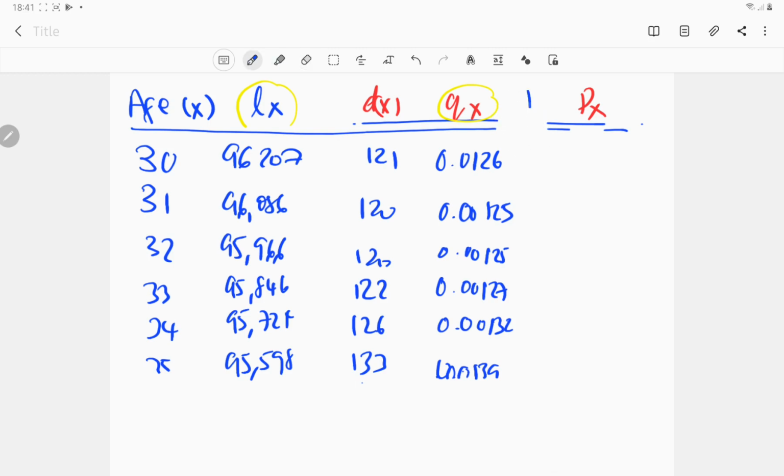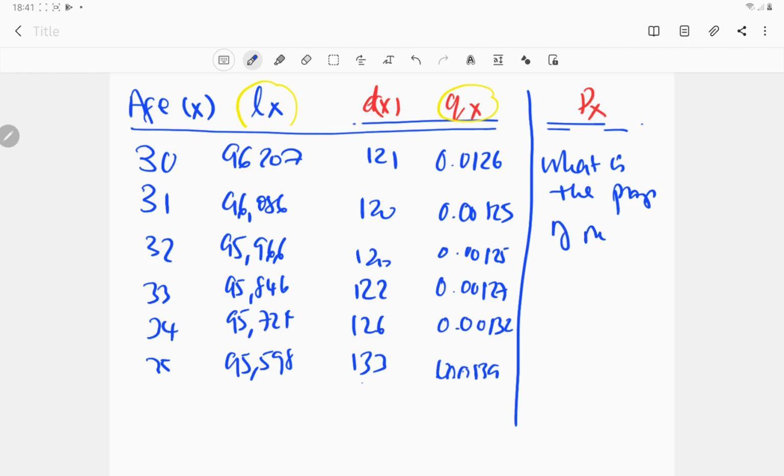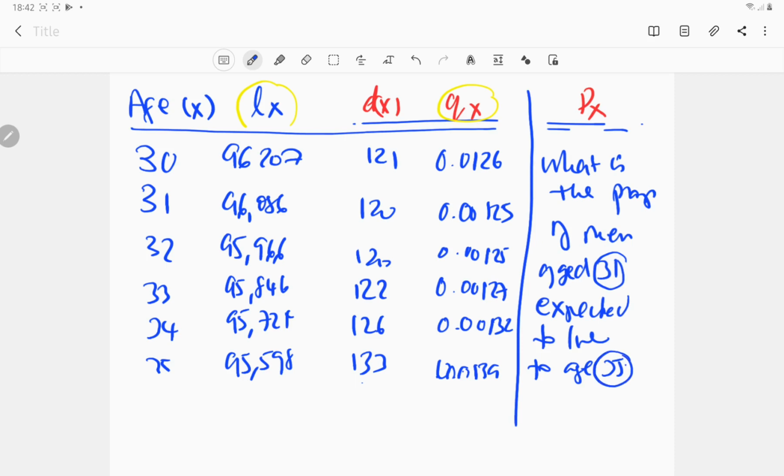The question can be: what is the proportion of men aged 31 expected to live to age 35?